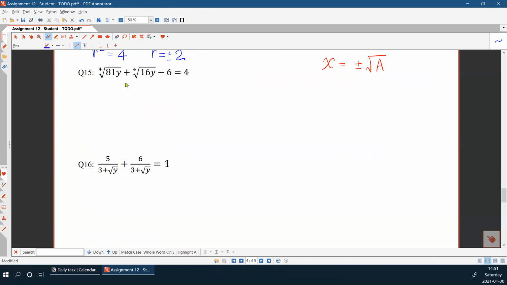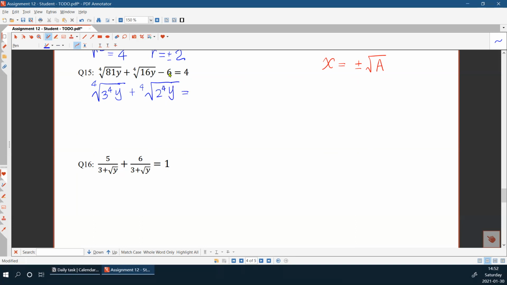Okay, next one, again, let's try to simplify this equation to see if we can make it simpler, okay? Left-hand side, we have a fourth root of 81. 81 is actually 9 by 9, right? 9 by 9 is actually 3 to the fourth y plus fourth root of 16 is actually 2 raised to the fourth power times y, right?